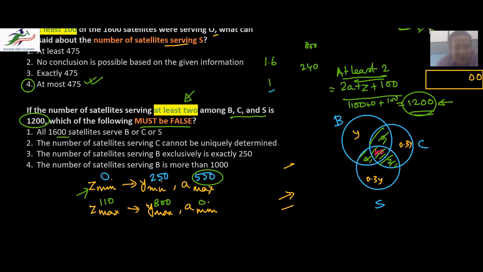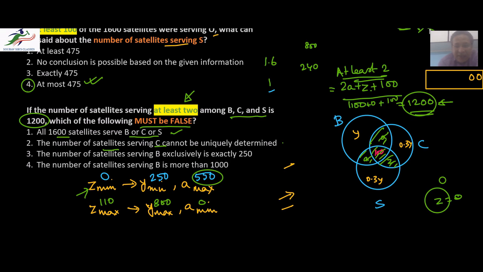All 1600 satellites serve B, C or S, which is true because Z becomes 0. So there are no satellites serving, this is 0. So no satellites is serving O. So this is true. The second one says the number of satellites serving C cannot be uniquely determined.